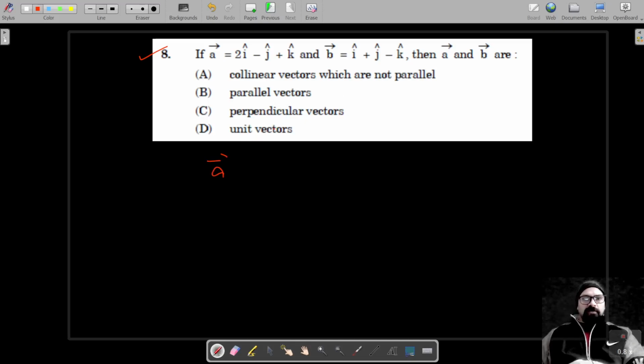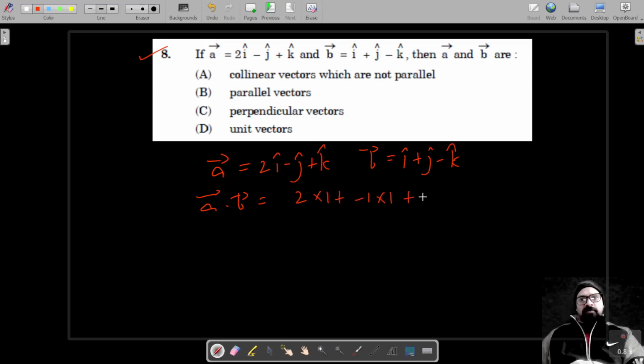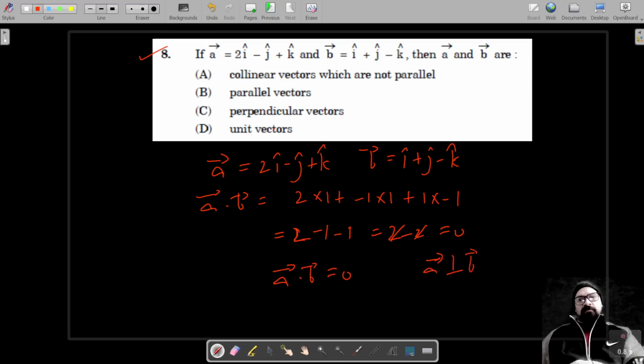So it seems that if we find the dot product of these two vectors, this is A dot B. So A dot B will be 2 into 1 plus negative 1 into 1 plus 1 into negative 1, which is 2 minus 1 minus 1, which is 2 minus 2 is equal to 0. And we know that if the dot product of two vectors is 0, then A vector is perpendicular to B vector. So that means these are perpendicular vectors.